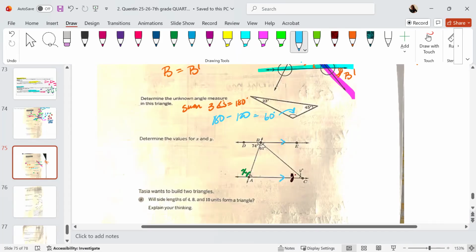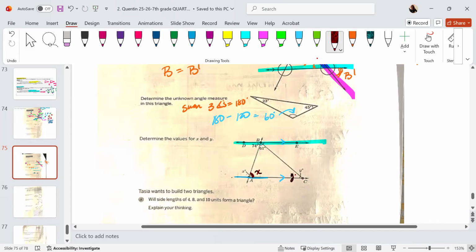This is basically saying that this line right here is parallel to this line right here. Which transversal are you going to use? I want X. You want to use this transversal because that's the one that's touching X. You don't want to use the other one because the other one is not touching X, correct? So looking at this, do you see how X plus A, or actually, wait, hold on a second. Where is X? This little angle right here? Yeah.